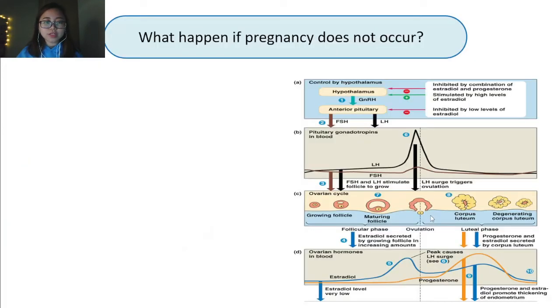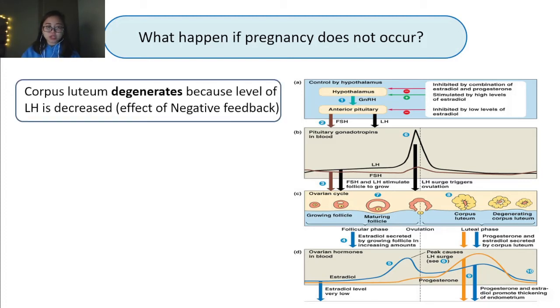Let us move on. Okay, so earlier we said our body is waiting in case there is fertilization, a baby. But what if there is no fertilization and no pregnancy? Okay, what will happen if no pregnancy occurs?